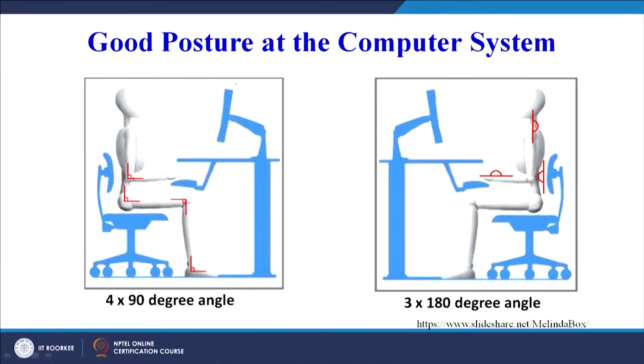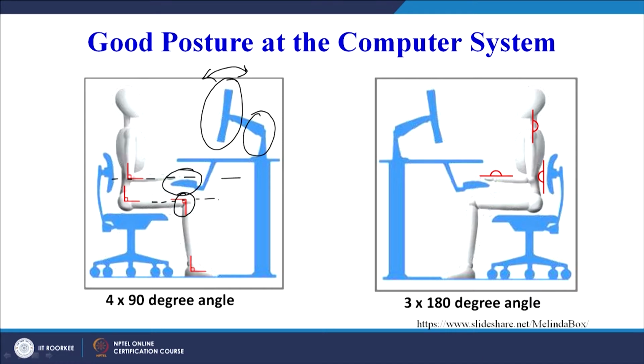Now, this is again good posture at the computer system. You can see this screen can be adjustable, it may be swiveled or tilted. This height may also be adjustable. You can see the elbows. Again, this is the keyboard which is being used, and you can see this angle.